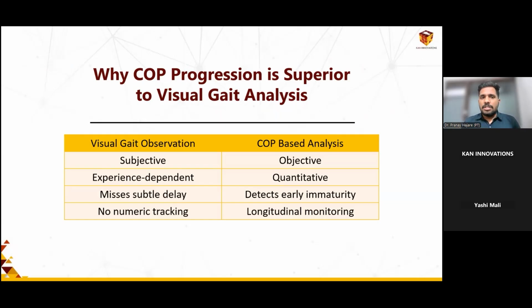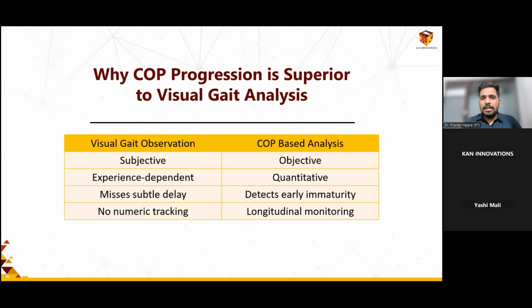Visual gait analysis is subjective. It heavily depends on the clinician's experience and interpretation. Center of pressure analysis, on the other hand, is objective. It converts movement into measurable and reproducible numbers. Visual assessment may miss subtle delays, especially in early motor immaturity, but center of pressure allows early detection with quantifiable parameters like path length, deviation, and velocity.